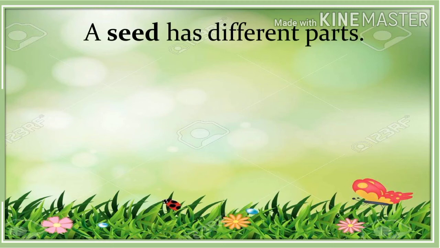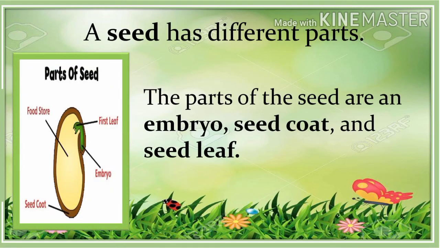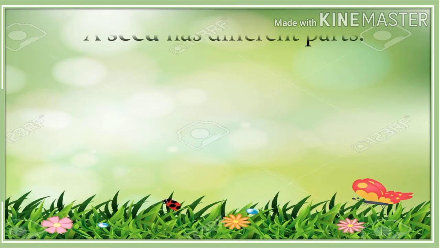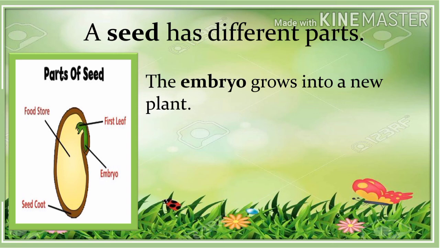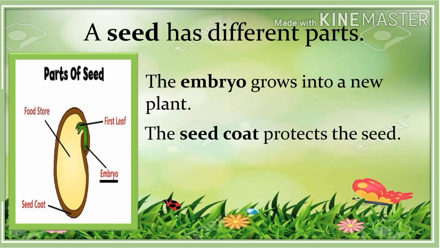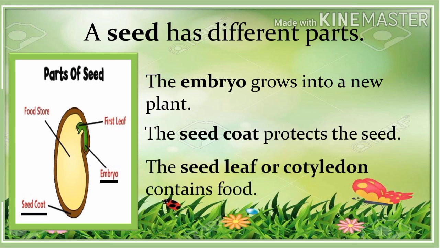The parts of the seeds are an embryo, seed coat, and seed leaf. The embryo grows into a new plant, and the seed coat protects the seed. And lastly, the seed leaf or cotyledon contains food.